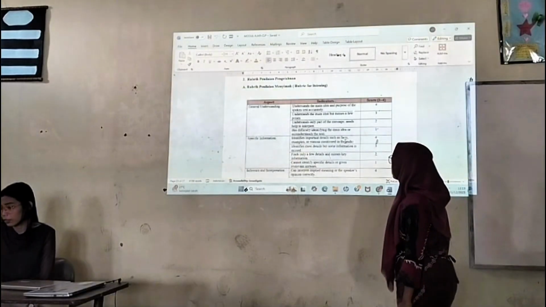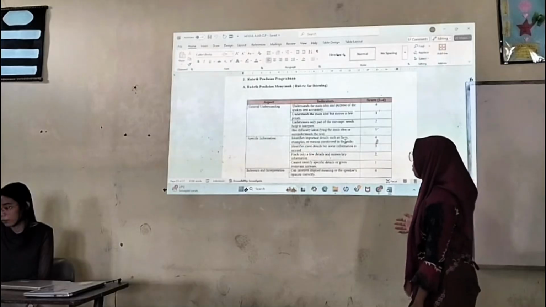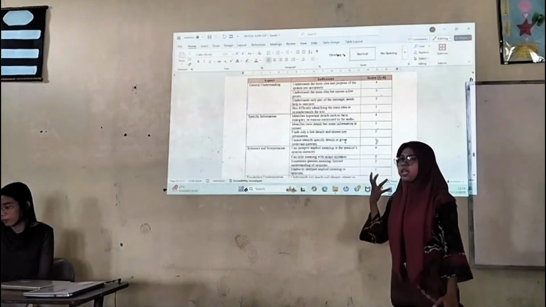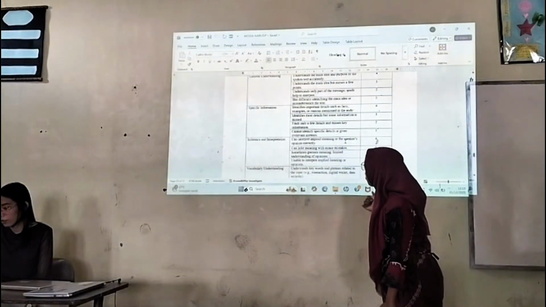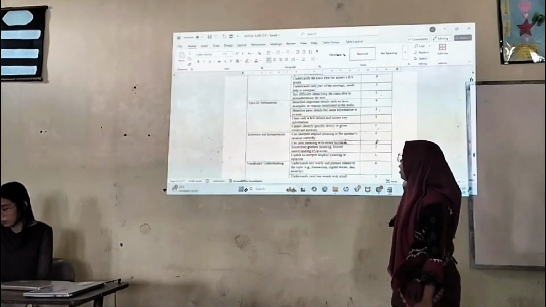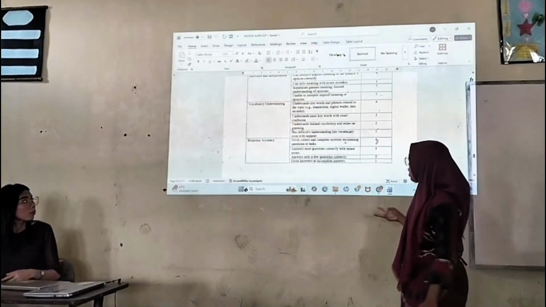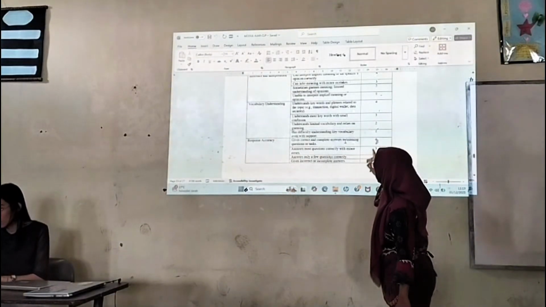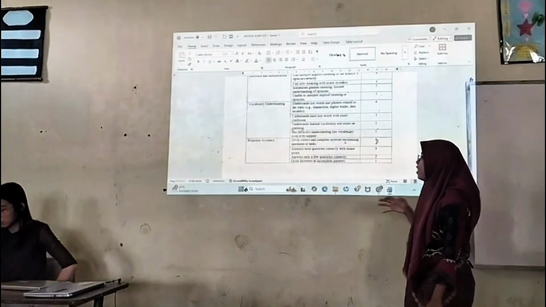The first is the general understanding of the students about the podcast that is given to them, then the specific information that they can get from the podcast, the inferences and interpretations, and the vocabulary understanding. Each component has its own indicators.